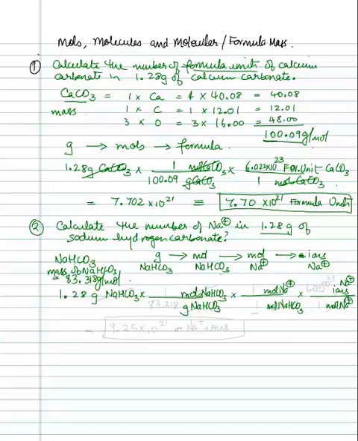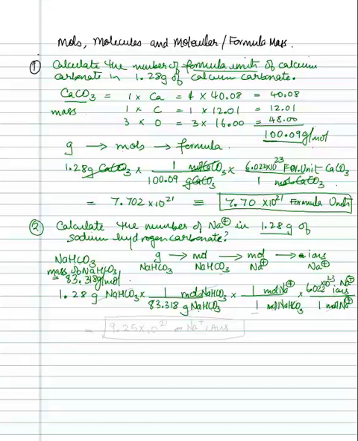The grams of sodium hydrogen carbonate is the mass, which is 83.318 grams in 1 mole of sodium hydrogen carbonate. In every 1 mole of sodium hydrogen carbonate, we have 1 mole of sodium ions, and that comes from the formula. And then in 1 mole of sodium ions, there are 6.022 times 10 to the power of 23 ions.